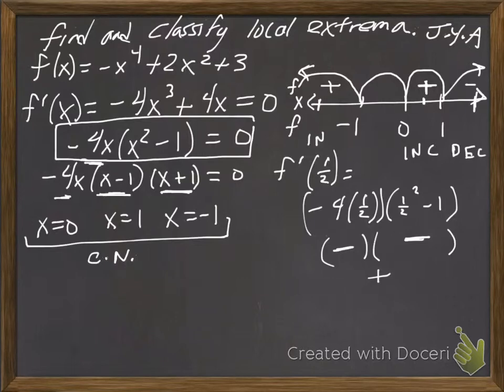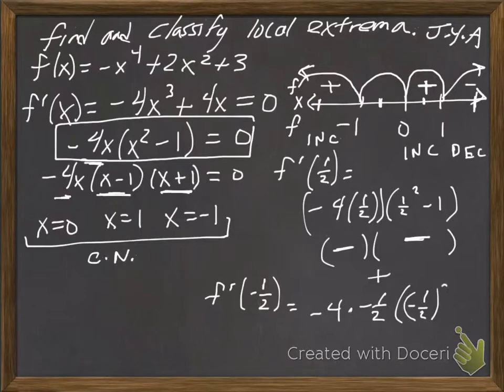Likewise, it was increasing here, and I forgot to mention that. And finally, we have our fourth part of our interval. An obvious test point here would be f of negative 1/2, but anything in that window should fit. Negative 1/3 or what have you. So plugging in negative 1/2, you get negative 4 times negative 1/2 times negative 1/2 quantity squared minus 1.